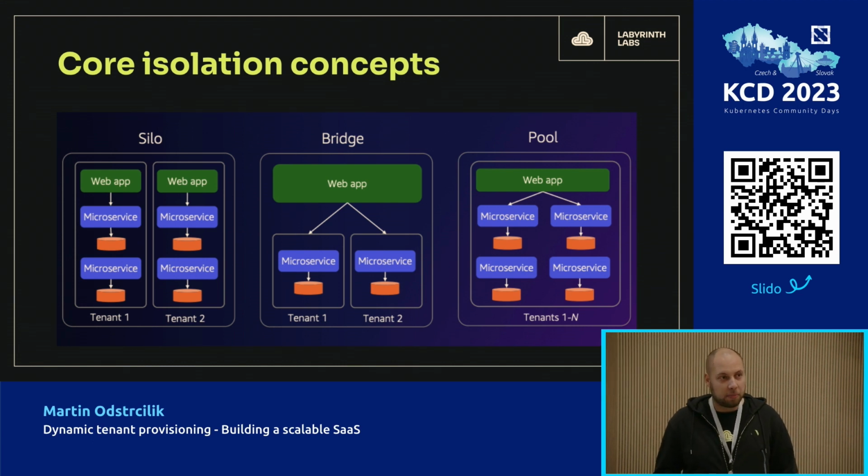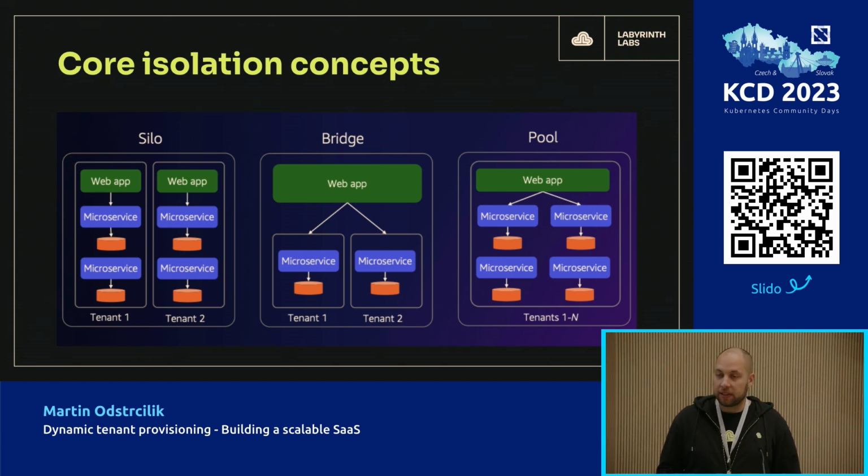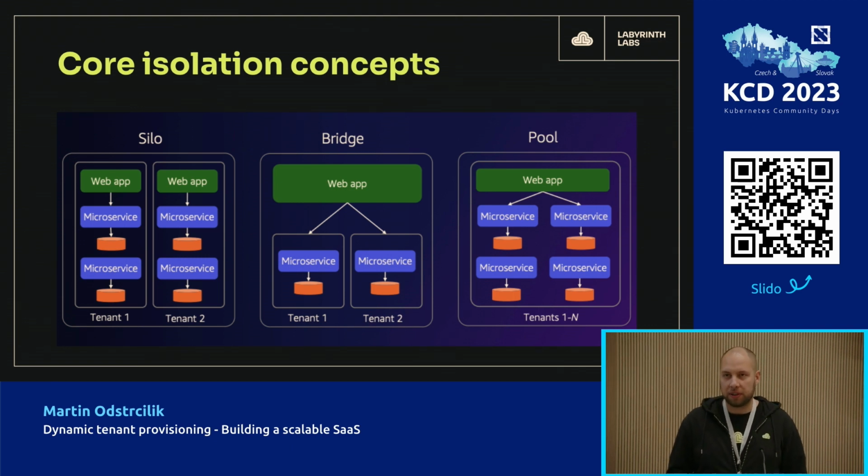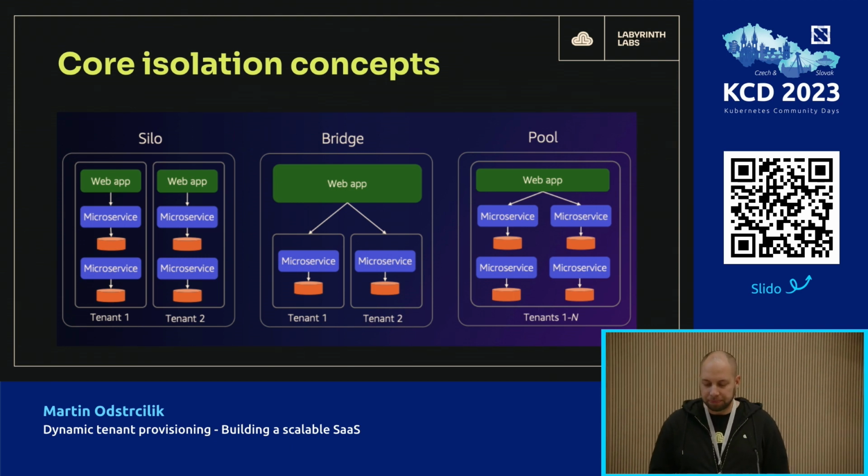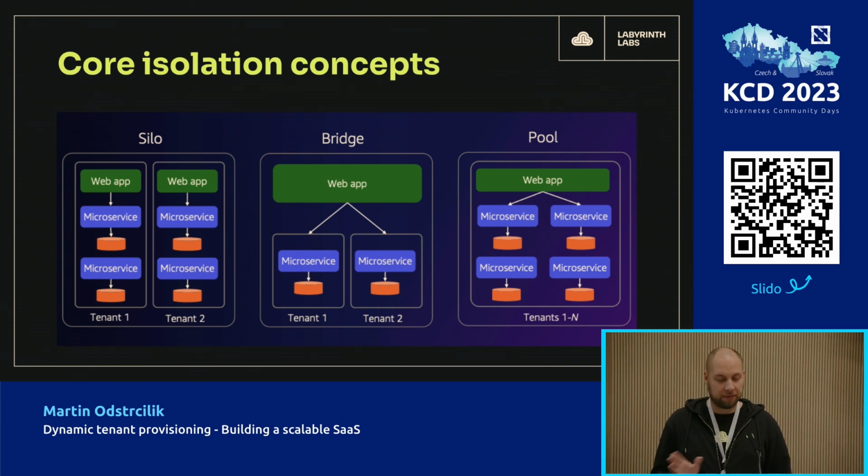On the other hand, we got a pool model, where everything is shared between individual tenants. Obviously, this would be a cheaper solution than the silo, but comes with challenges like noisy neighbors. And there is also something in between we can call a bridge, which basically is something from both worlds, let's say.